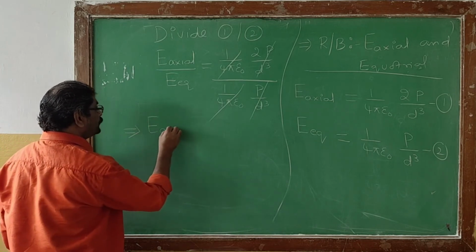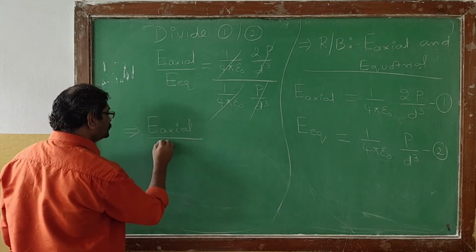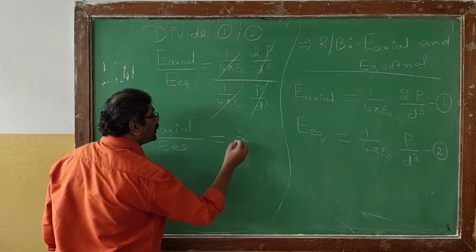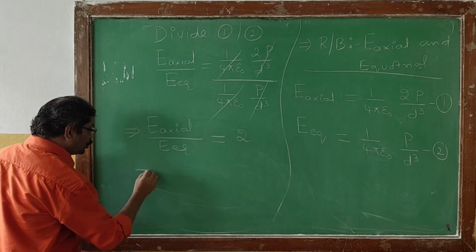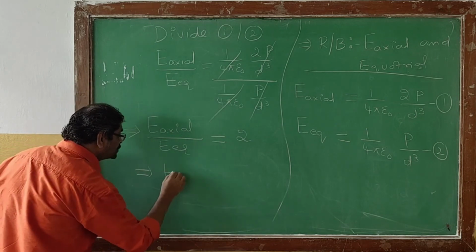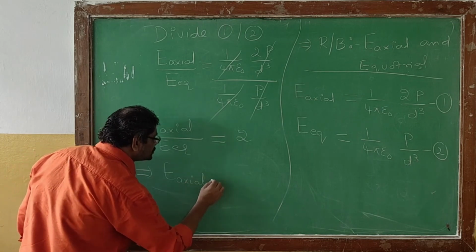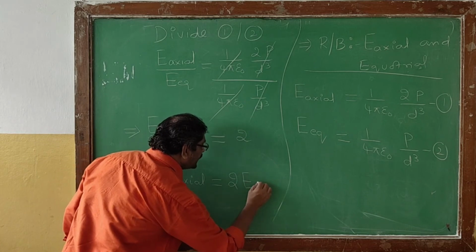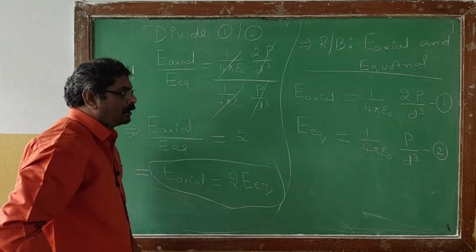So the electric field on the axial line to the electric field on the equatorial line will be numerically equal to 2. This implies the electric field on the axial line will be 2 times the electric field on the equatorial line.